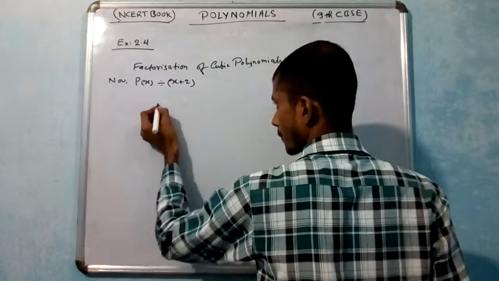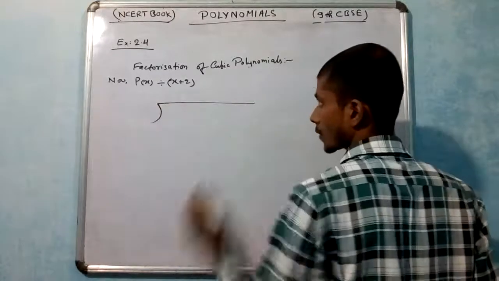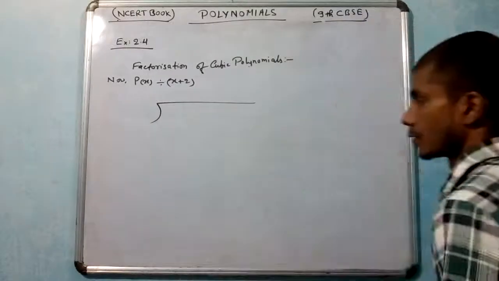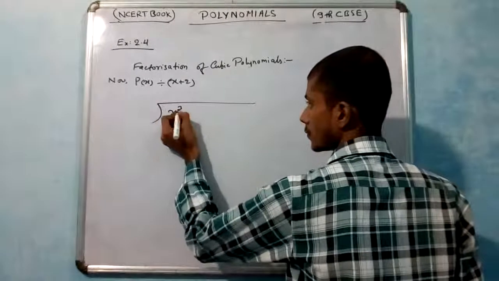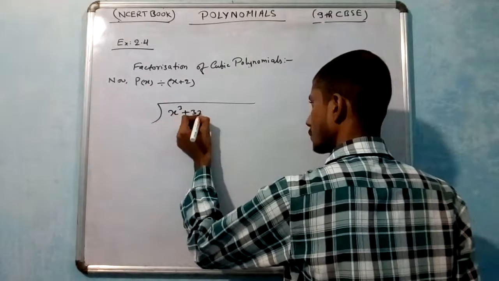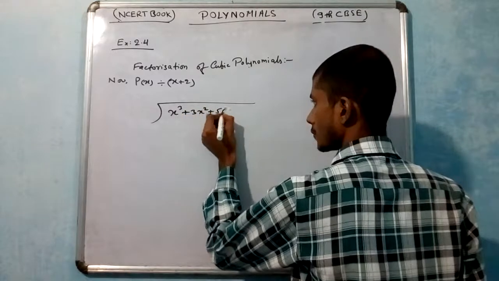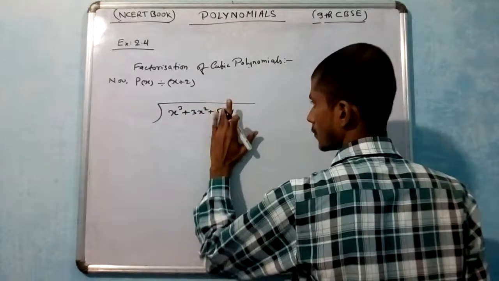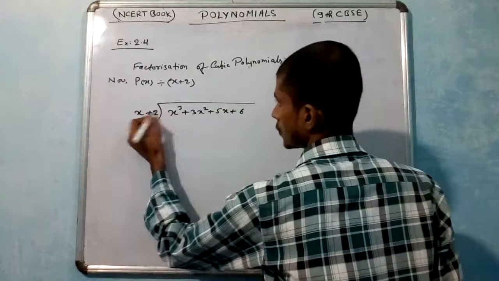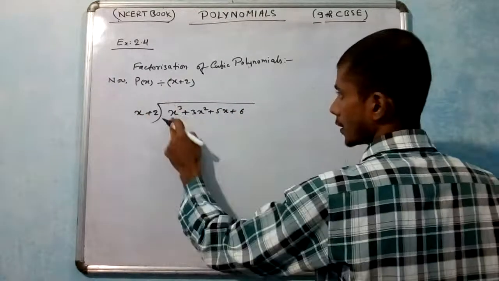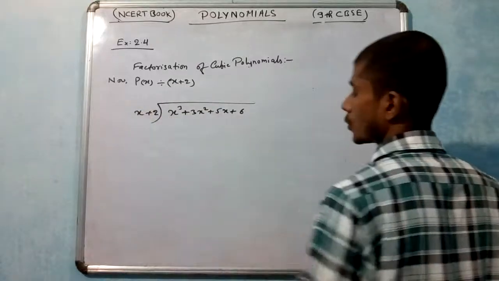Tell me. This we have to do, divide this p(x) by x plus 2.